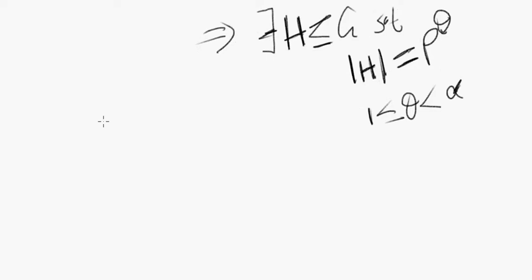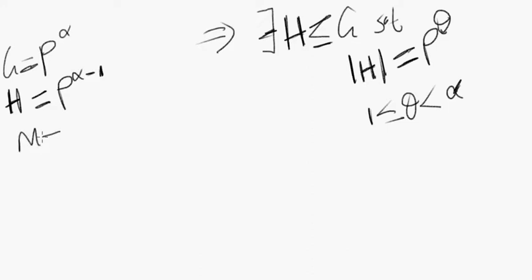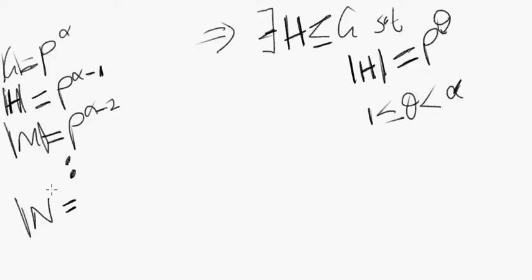We were not sure yet, but this strategy seems to suggest that if we can reduce the powers, then starting with G of order p to the alpha, we take some subgroup H of order p to the theta, maybe p to the alpha minus 1, and then if this still guarantees us some other subgroup M of order p to the alpha minus 2, and we keep reducing powers, then perhaps it's plausible that we end up with a subgroup N whose order equals p.